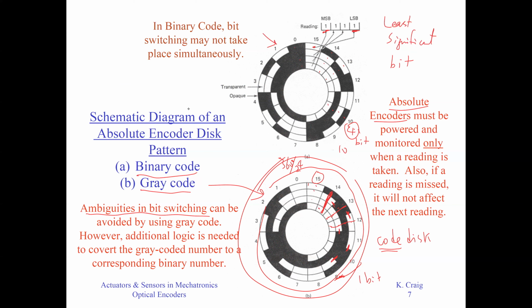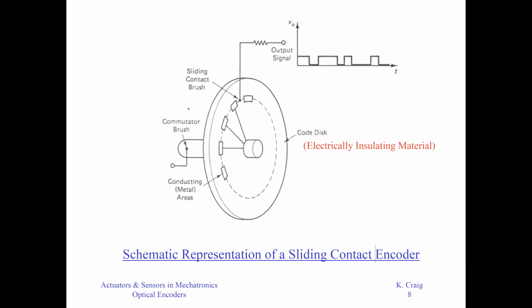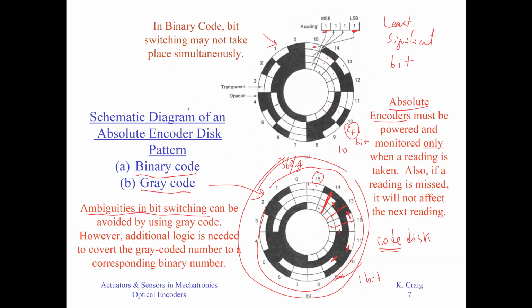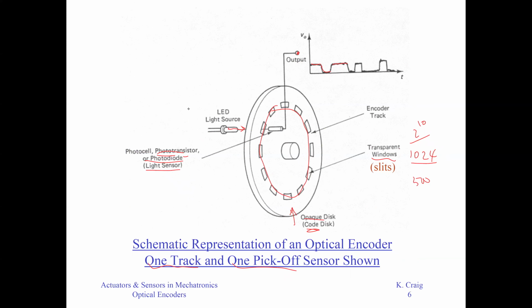So you can imagine an absolute encoder needs a lot of such things. It's way more expensive. So in reality, we usually use the simple incremental encoder like this.